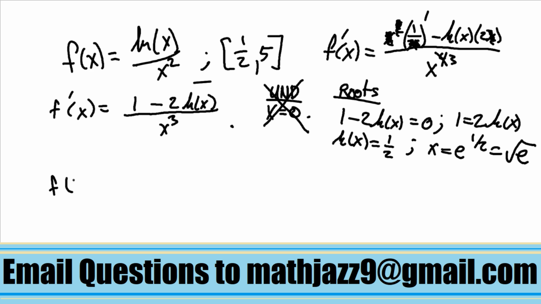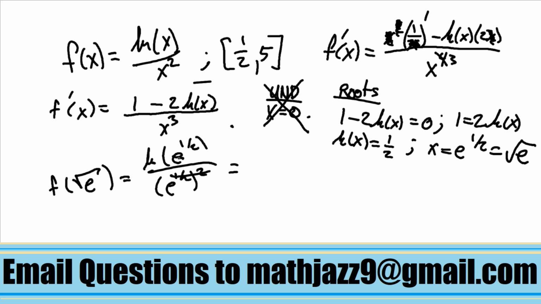Okay, so we want to check out f of the square root of e, which is going to be natural log e to the 1/2 over e to the 1/2 to the 2. The 1/2 and the 2 cancel. e and the ln cancel.